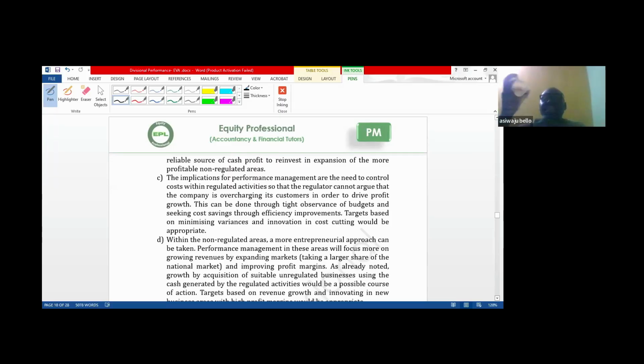Performance management in these areas will focus more on growing revenue by expanding your markets and improving your profit margin.